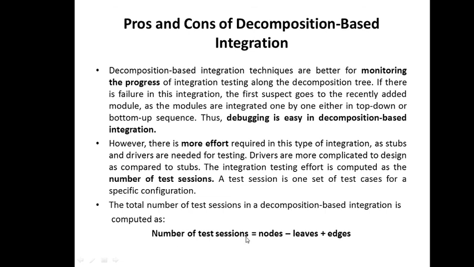The number of test sessions, from the module dependency graph we had, can be computed directly using the expression: number of nodes, minus leaves, plus edges. This will give you the total number of test sessions. The number of test sessions is directly proportional to the effort, so we can easily identify the effort using it. So this was an end to decomposition-based integration.